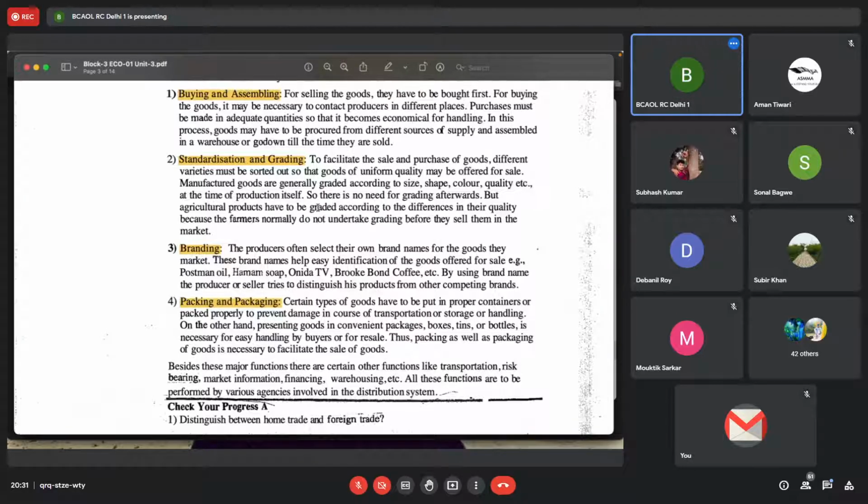Standardization and grading. Whenever you are producing goods, they need to be of a certain quality. That is basically standardization. The whole lot should be of the same quality. And the grading is done like you say, okay, this is the costliest, this is less costly, and this is the cheapest. Like in case of fruit, if you would have seen, apples have stickers on them. Different fruits have stickers on them. That sticker is generally put on by the wholesaler.